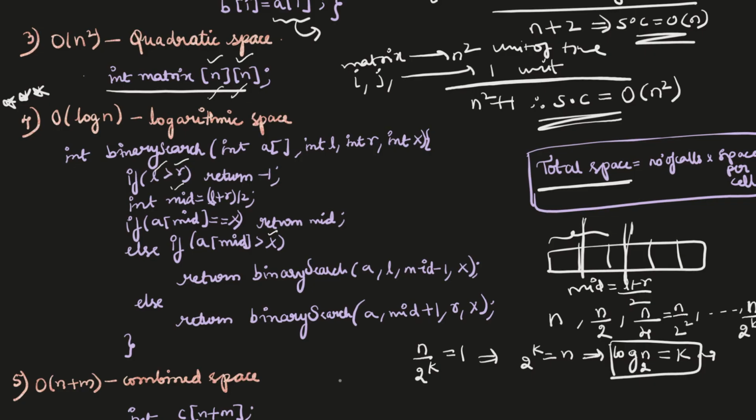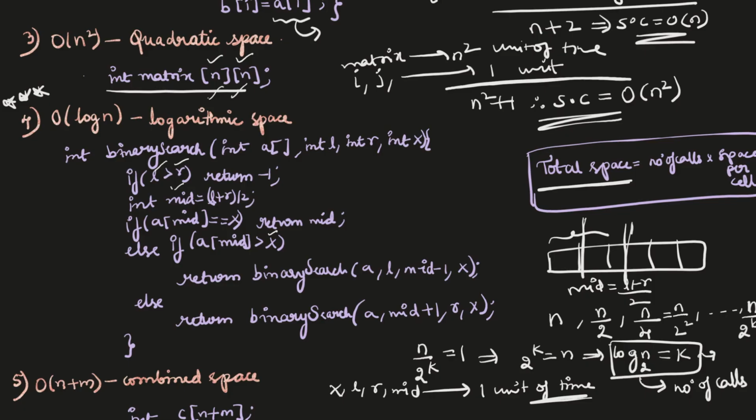So all of them, x, L, R, mid, how much time do they take? 1 unit of time. And how many times would the function be called? Log n times. So this is nothing but the number of calls for space taken in an algorithm.